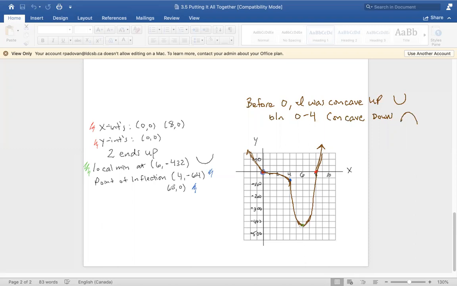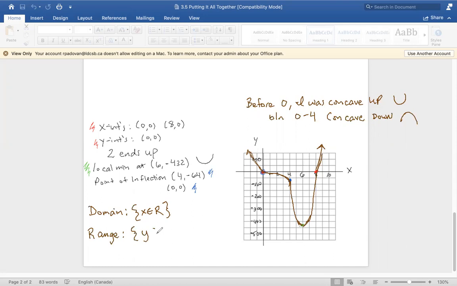So for my domain and range, domain, remember this, we did this a lot in grade 11. X belongs to the set of real numbers because it's a continuous curve there. X is going to continue to the left, continue to the right. There's no restrictions on that. My range, is the same thing happening?